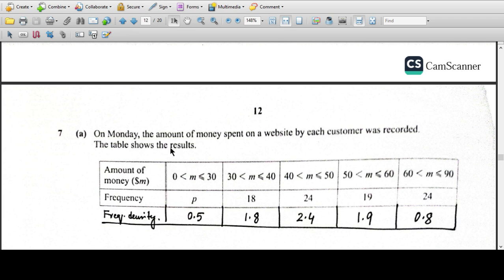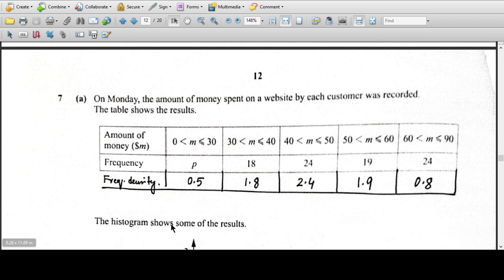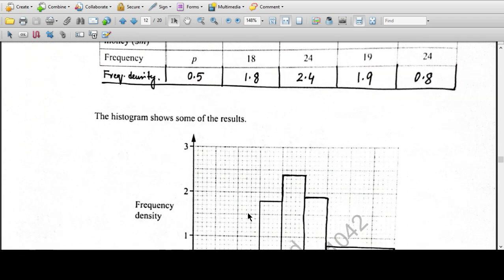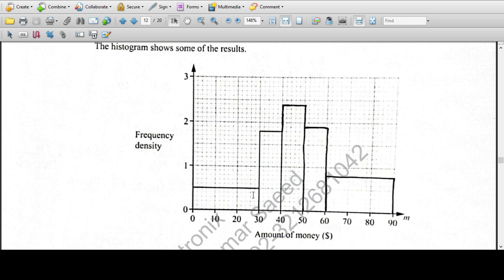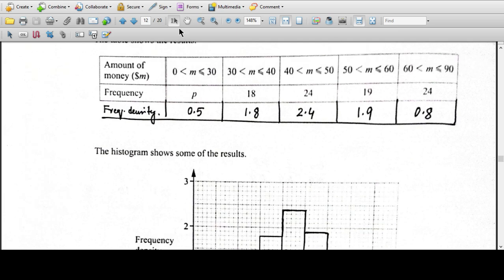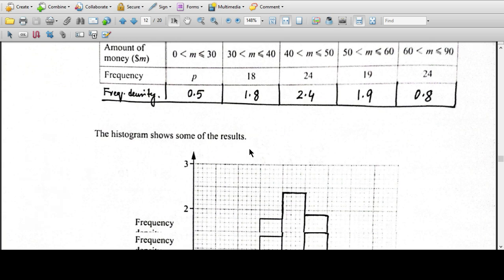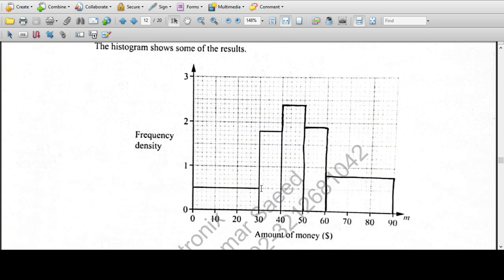The table shows the results, and the histogram shows some of the results, which are drawn here. We know this is 30, and from here we read 0.5.